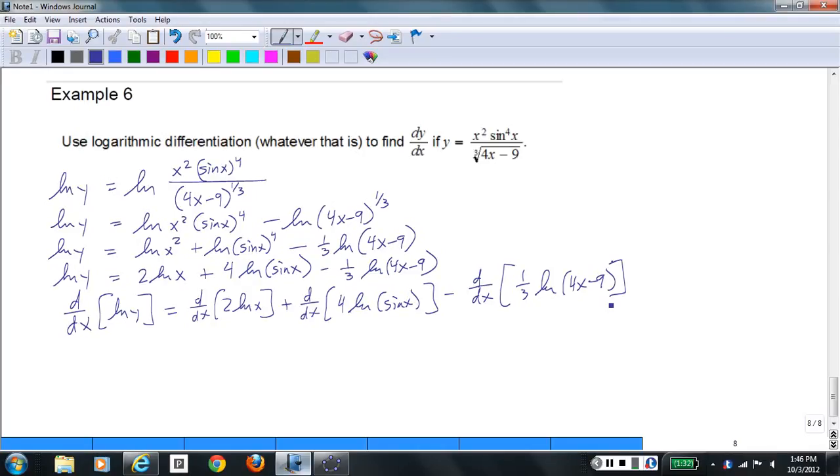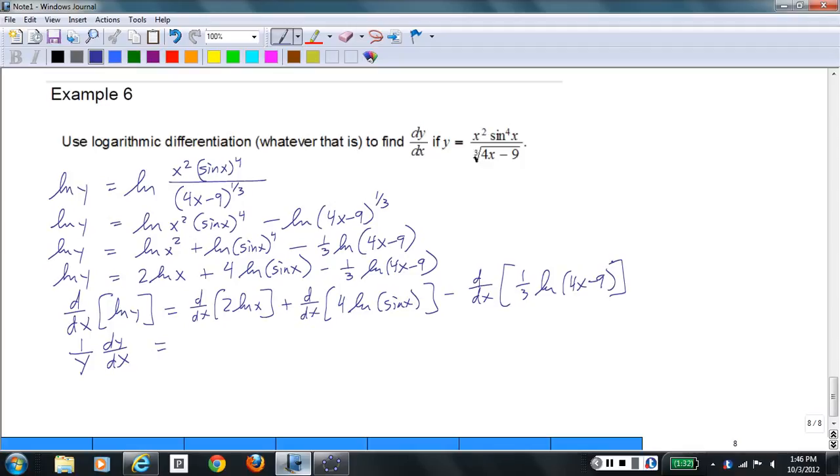On the left, d/dx of the natural log of y is the only place we really need to use implicit differentiation. But it's for that reason that we did implicit differentiation first and then did the logarithmic differentiation. d/dx of the natural log of an expression is 1 over that expression times the derivative of that expression with respect to x. So 1 over y dy/dx.